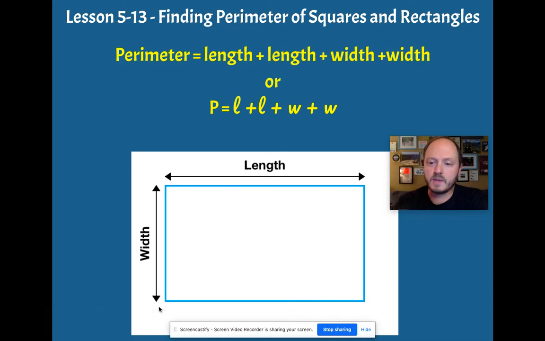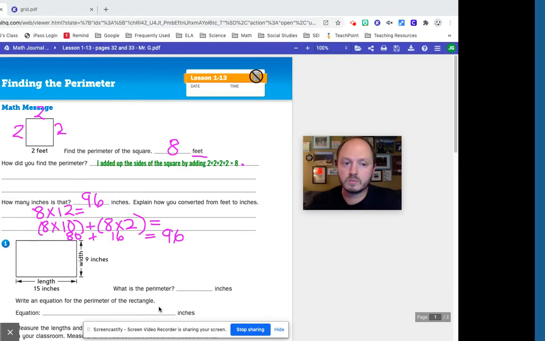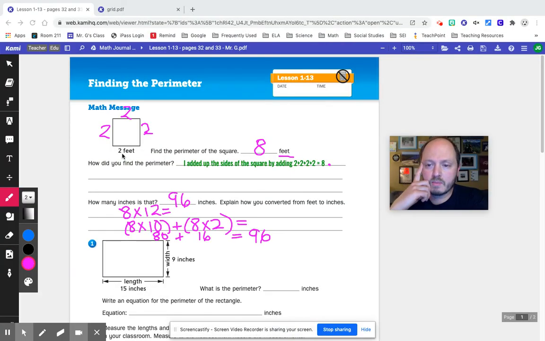And with that square back here, would I be able to figure out the perimeter of a rectangle if I just had one measurement on the side? Probably not, because rectangles, like this one down here, have two different measurements. This one here has 9, this one here has 15.